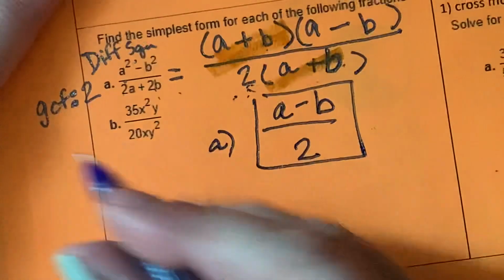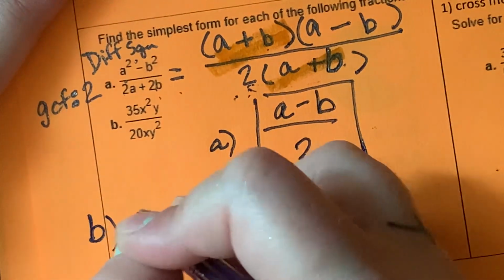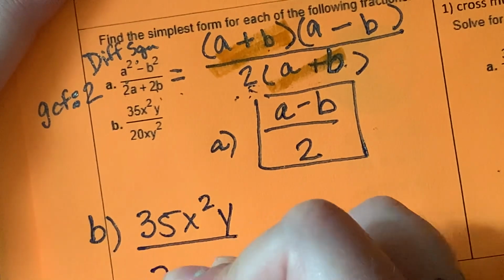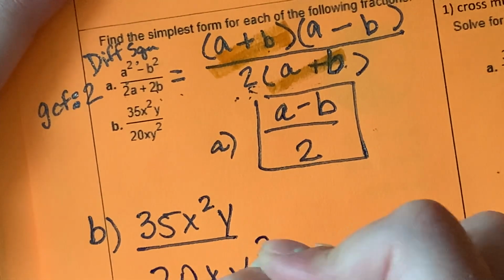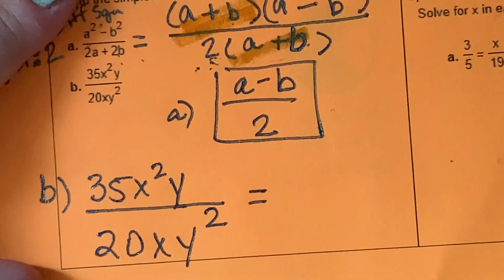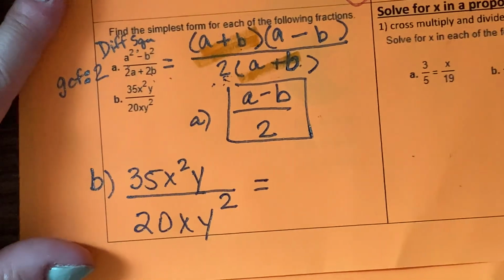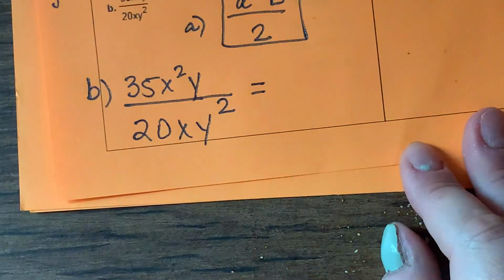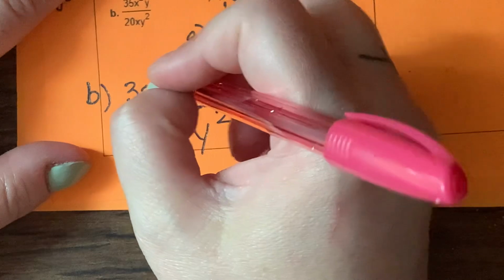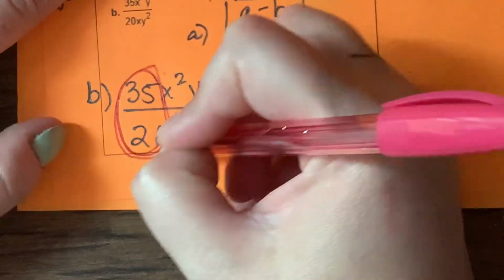Okay, let's look at part B. Part B, there's no pluses or minuses, so I think we can actually just do common sense math. 35 and 20. These are big fat numbers.